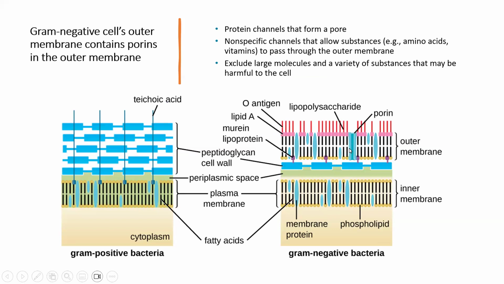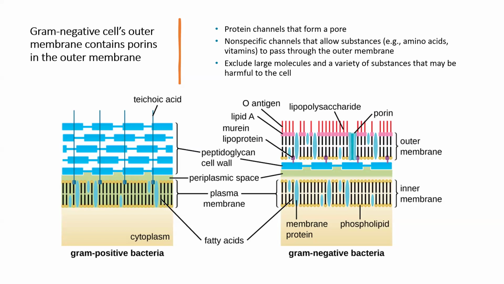These are non-specific channels. We'll talk a little bit more about different kinds of transport channels in another lecture. What they do is allow things to non-specifically pass through that can't just diffuse through. That includes mostly amino acids and vitamins and things that can be used by the cell. But they do exclude larger molecules.